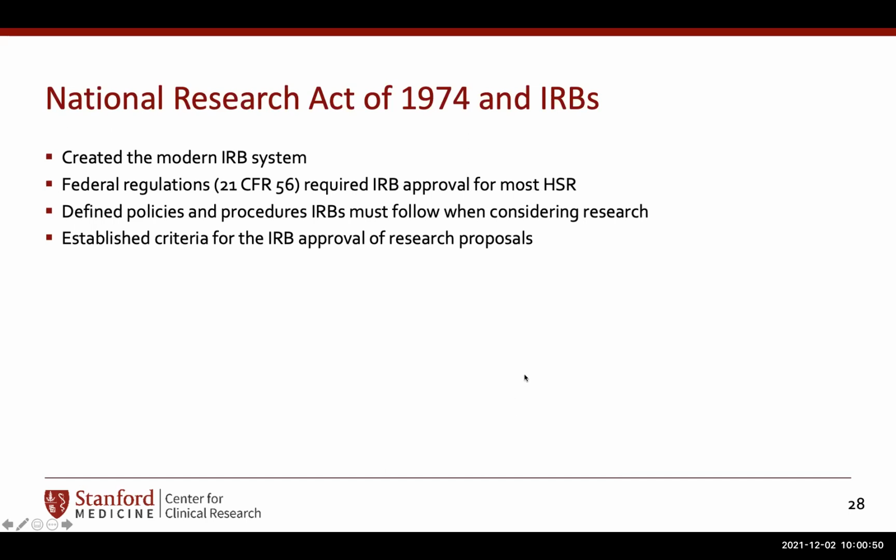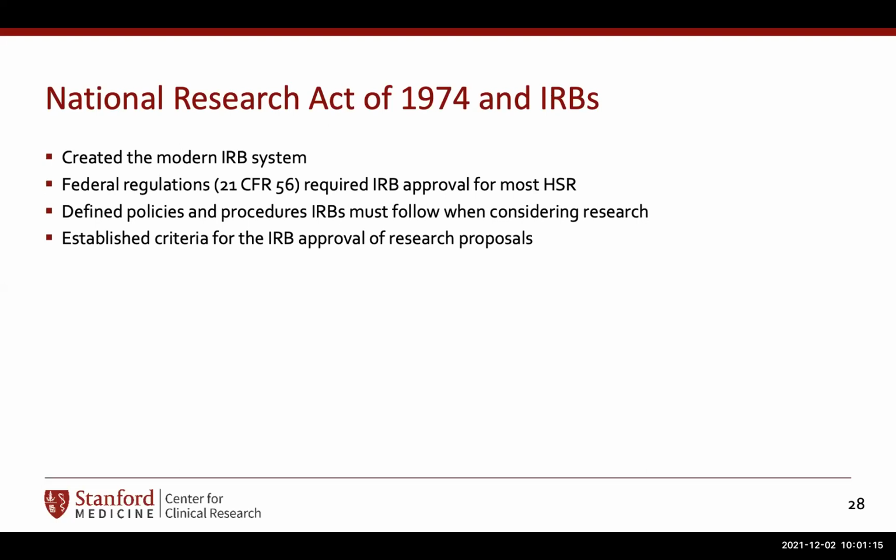Okay, so a little bit more about the National Research Act of 1974 and the development and the use of IRBs. The National Research Act led to the creation of our modern IRB system. The federal regulation 21 CFR 56 required that IRBs approve human subject research.